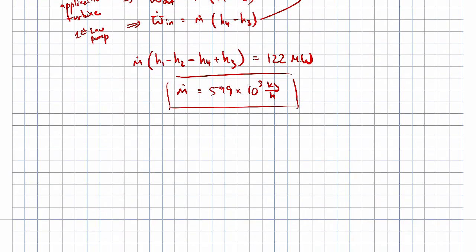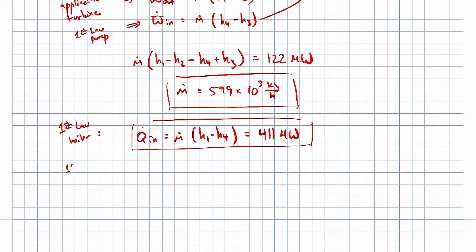I'm not going to write out the entire first law just for the sake of time here. So if we apply the first law to that control volume surrounding the boiler and work it all out, we'll get Q dot in is M dot times H1 minus H4. And you can plug in the numbers for that, and that'll come out to be 411 megawatts.